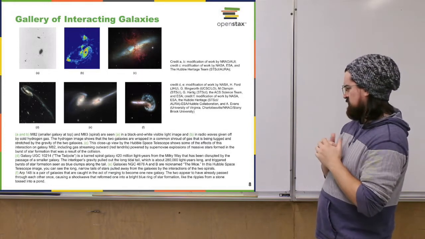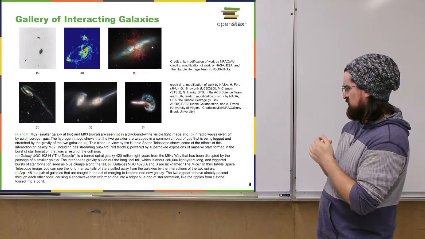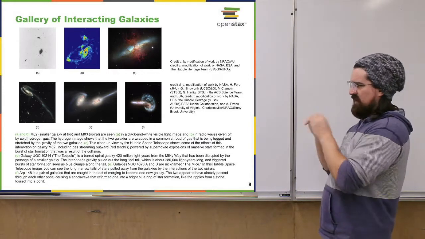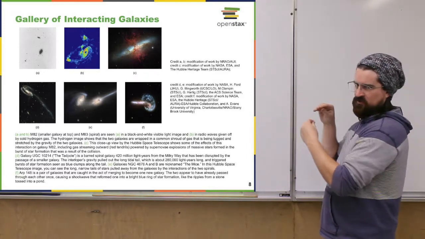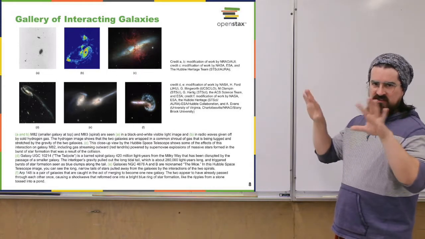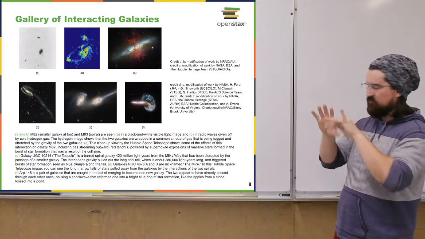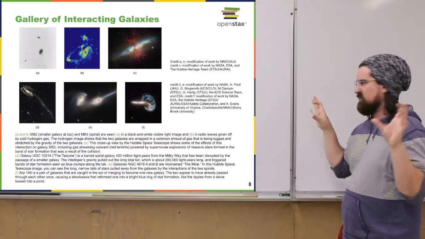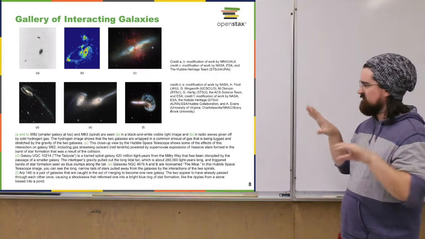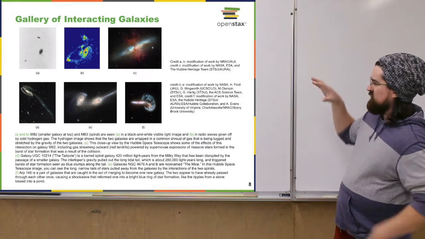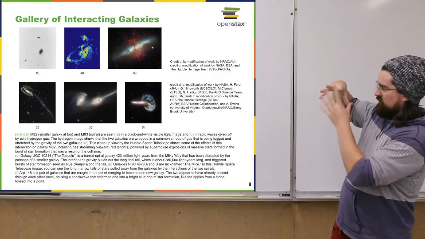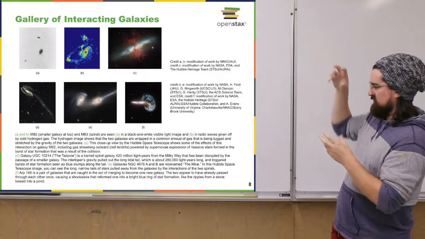F is an interesting one where it seems that galaxies are passing through each other in the right way, where one created a ripple effect in the other one, and that ripple compresses gas as it goes through the other galaxy and triggers a bunch of star formation. And so you get this very interesting looking image where you have this ripple going through the other galaxy, a bunch of stars forming.